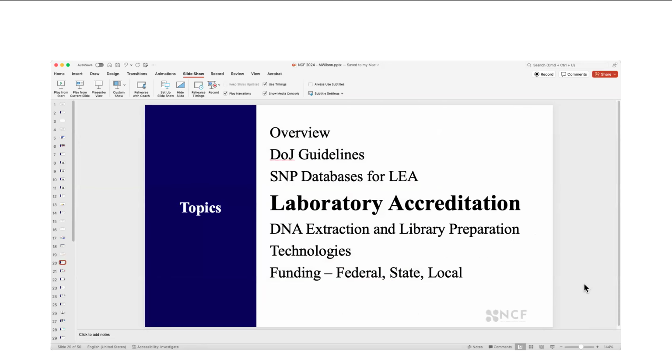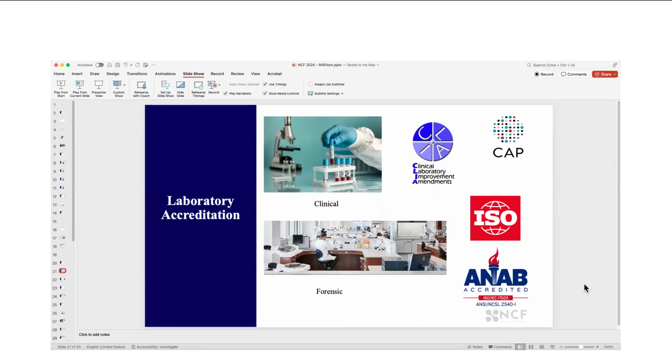Okay, let's talk briefly now about laboratory accreditation. So microarray testing is generally done in a completely different environment than traditional forensic testing. Forensic testing is shown on the bottom, and that is regulated by ISO, and in the US, the ANAB.